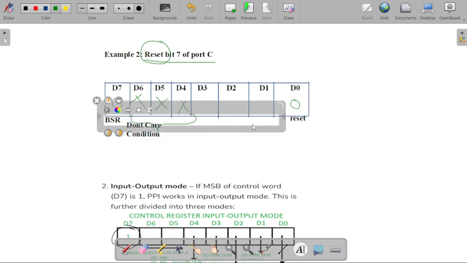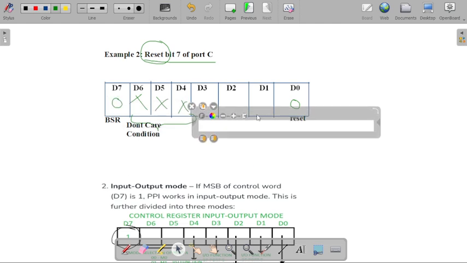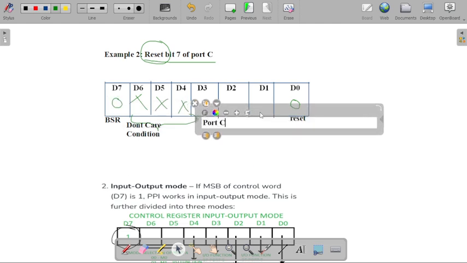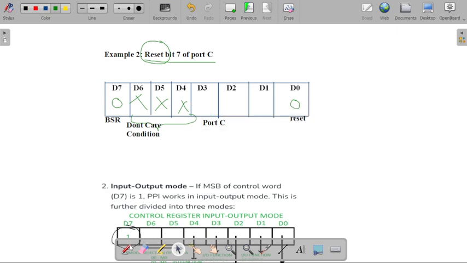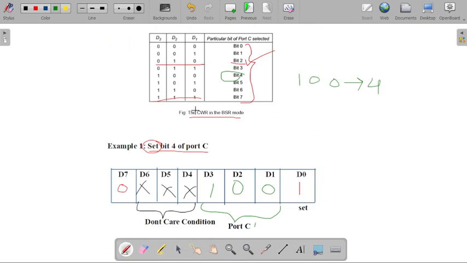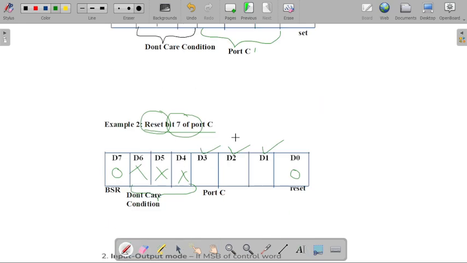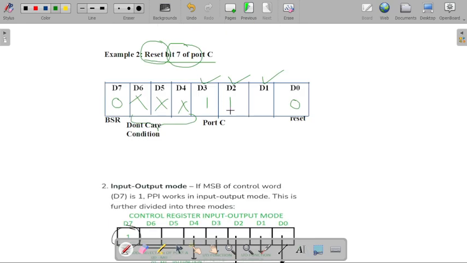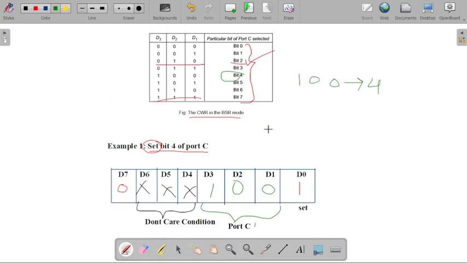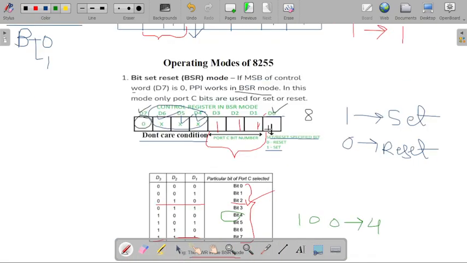For port C, these bits are D1, D2 and D3. We have to set bit 7, and for bit 7 we write the binary 1, 1 and 1. This structure is used for our port C. In this way, we can solve the example for our BSR mode.